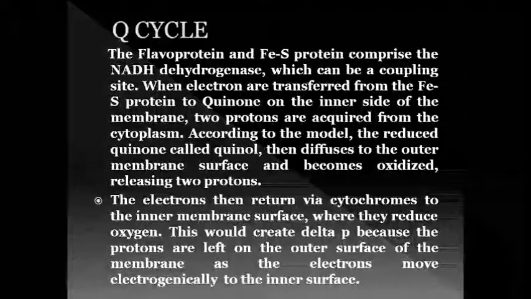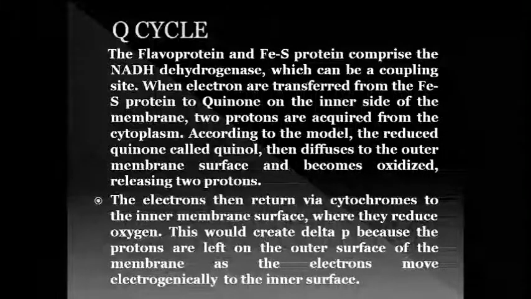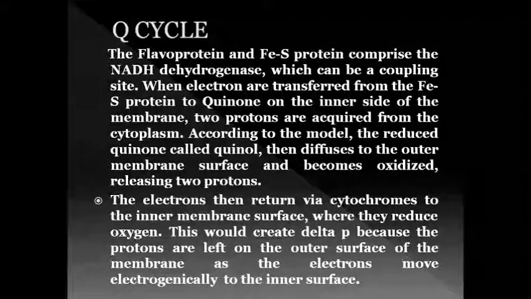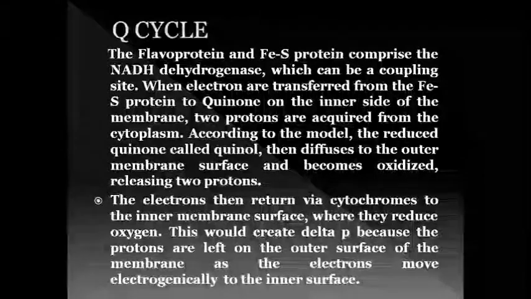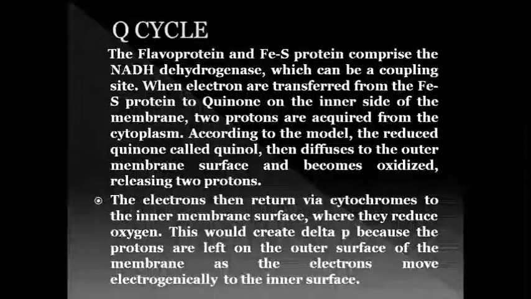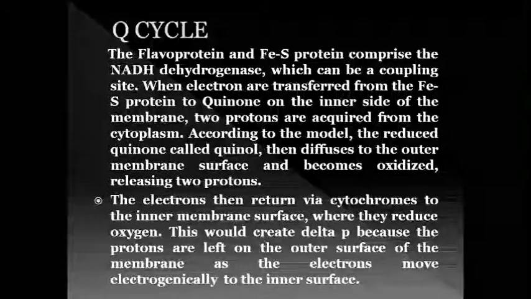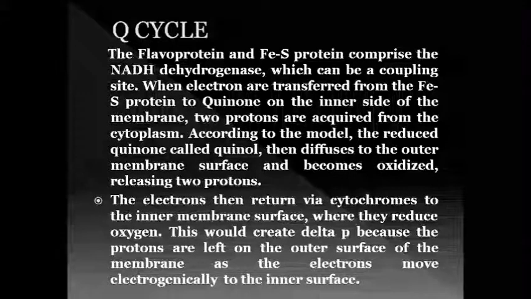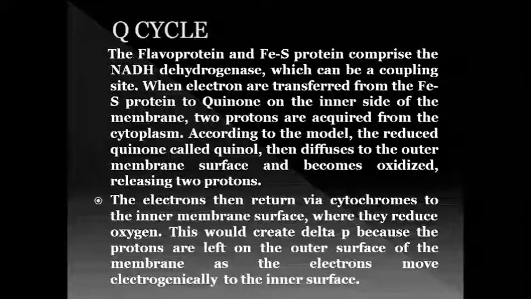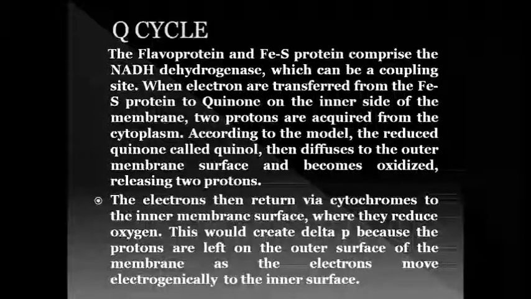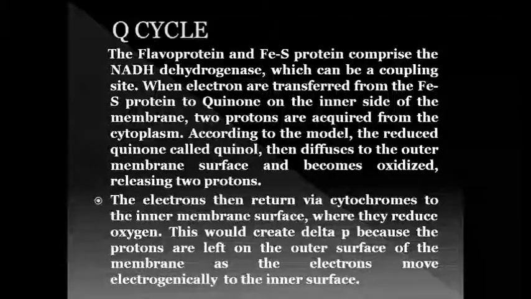In Q cycle, there are two different stages where the flavoprotein and iron sulfur protein comprise the NADH dehydrogenase, which becomes a coupling site, and the mechanism of proton translocation by NADH is not clear.